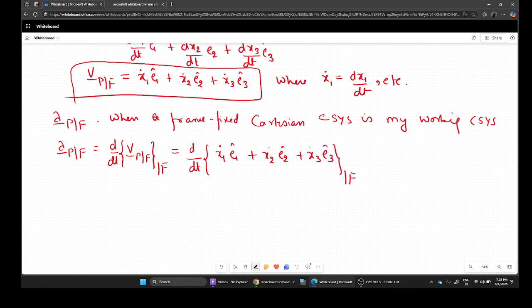Again, using the product rule of differentiation, you will get 6 terms here, but three of those terms will be 0, and those will be terms like this.